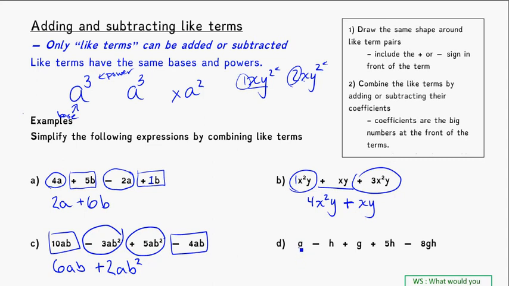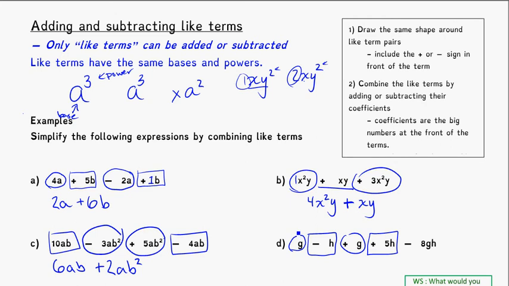In the last example here, looking for like terms again, g, h, and gh. So let's do the g and another g. And how about a minus h and a plus 5h? And this gh, well, it's not similar to anything else because it has both g and h in it, so that one will stay on its own.